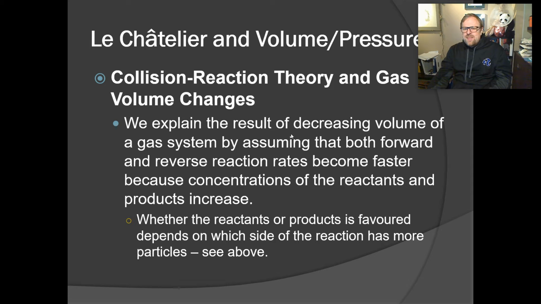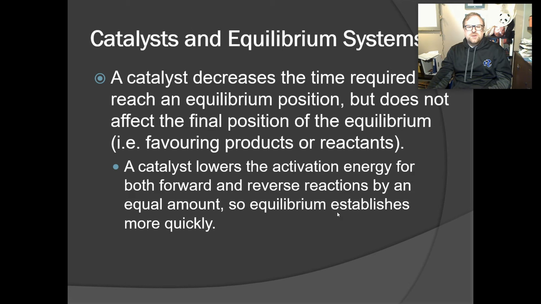So we explain the result of decreasing volume of a gas system by assuming that both the forward and the reverse reaction rates become faster because the concentration of the reactants and products increase. Whether the reactants or products are favored depends on which side has more particles, because the system is going to shift to oppose that change by reducing the number of particles to try to maintain that pressure or get back to where it was before.